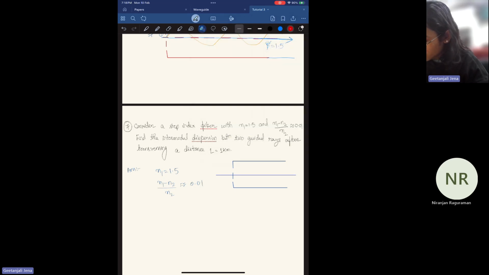One is incident at an angle I1, and the other ray is incident at angle I2. The question is asking what is the intermodal dispersion between these rays.